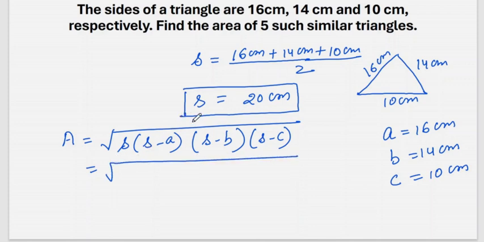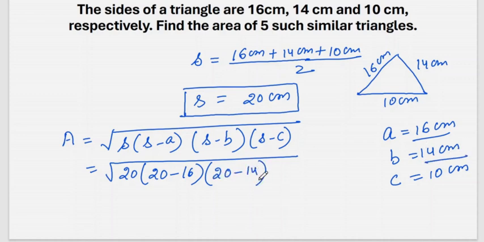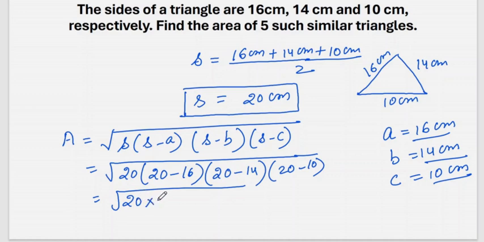We know what is the value of S. S is 20 centimeter. 20 minus A is our 16, again 20 minus B is our 14, 20 minus C is our 10. So we have got the value. It is 20 into, calculate each bracket, 20 minus 16, it is 4, 20 minus 14, it is 6, and 20 minus 10, it is 10.